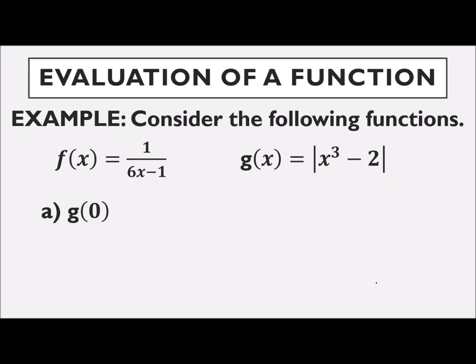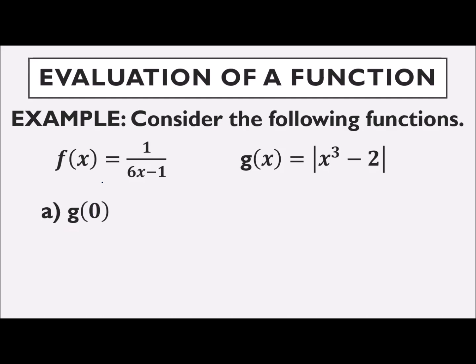Let's have first g of 0. It is not always f only. The generic name of a function is f, but you could also have different letters, just like in reality we have different names.